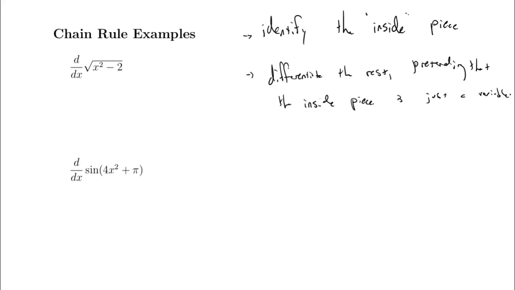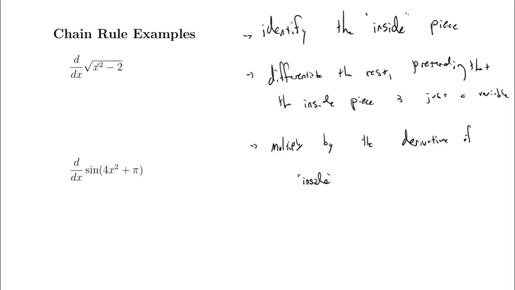Now really it's going to be like a function, but that's okay. Then we'll multiply by the derivative of whatever we identified as the inside piece.